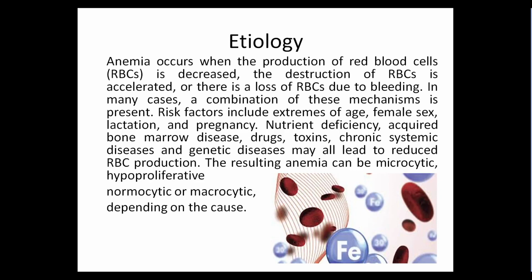Nutrient deficiency, acquired bone marrow disease, drugs, toxins, chronic systemic diseases, and genetic diseases may all lead to reduced red blood cell production. The resulting anemia can be macrocytic, hyperproliferative, normocytic, or microcytic, depending on the cause.